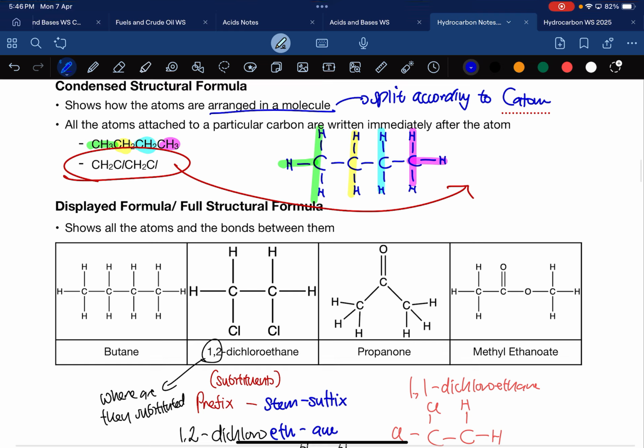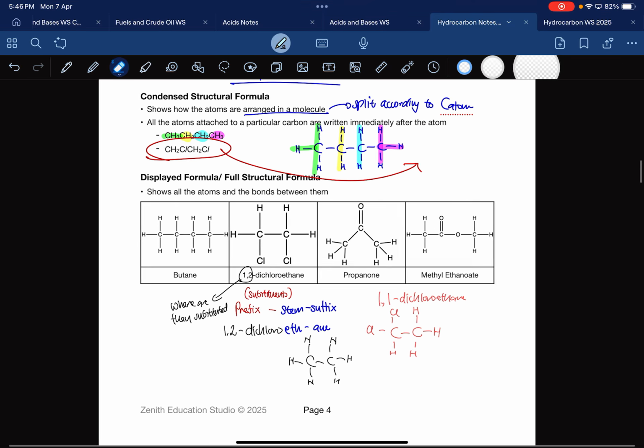Okay. Guys, let me give you an exercise. Right just now on top, we went from general formula, molecular formula, condensed structure, and the structure. Now I want to reverse it.